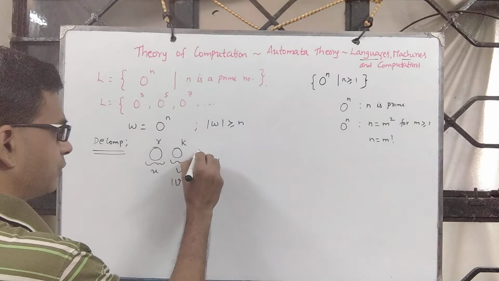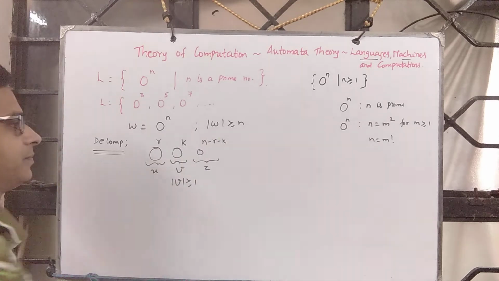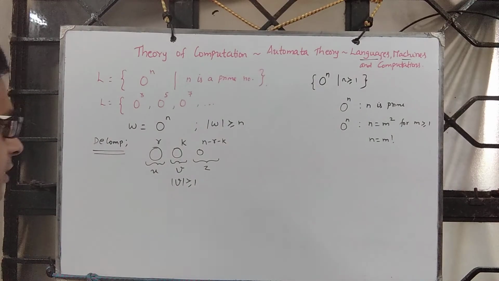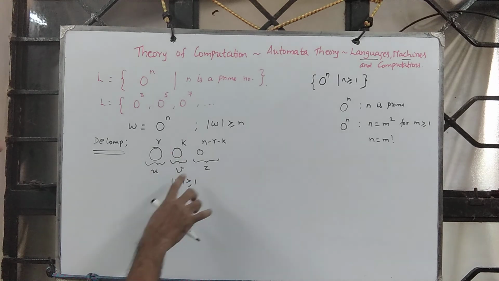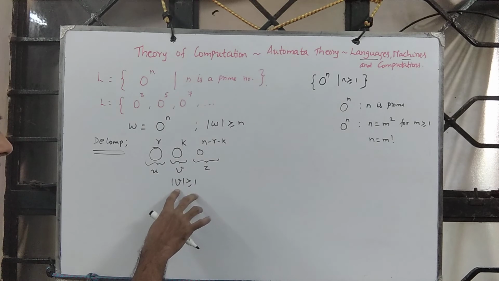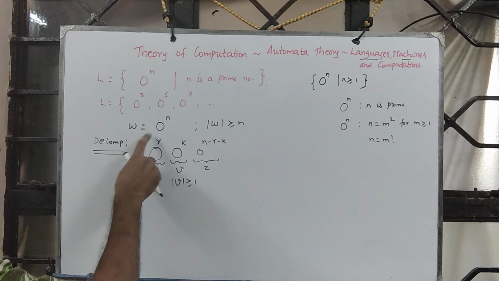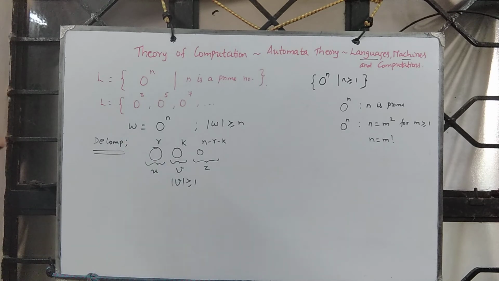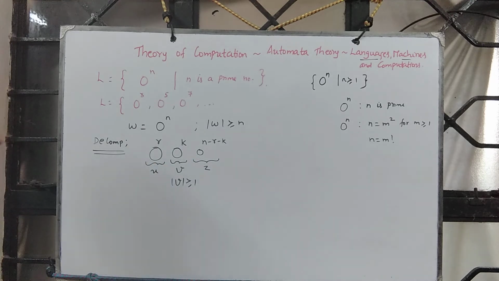So decomposition could be for all u, for all v, for all z, such that v is at least 1 and uv is at most n, because w itself is a string of length n, and naturally you will find only zeros, and u may exist, may not, similarly z.